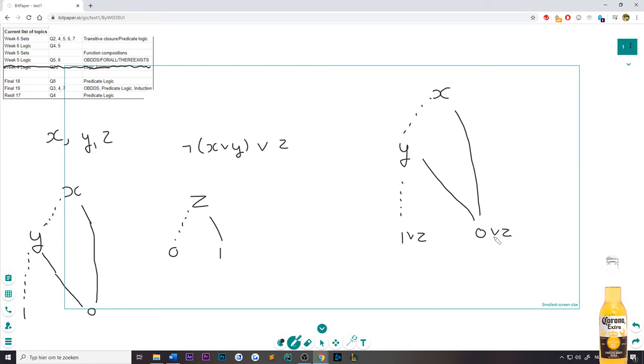Obviously this is going to be Z, because 0 OR Z gives us Z back again. And this is going to be 1, right? And then for Z, we know that this one goes to 0 and this one goes to 1.